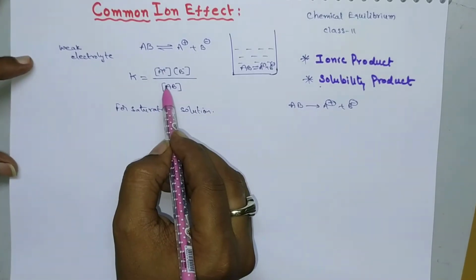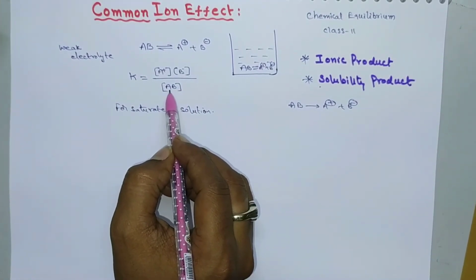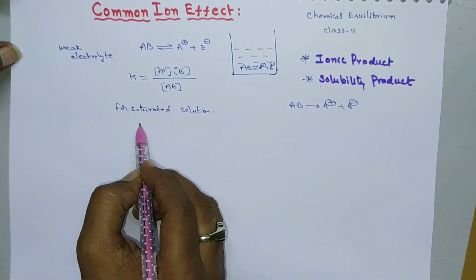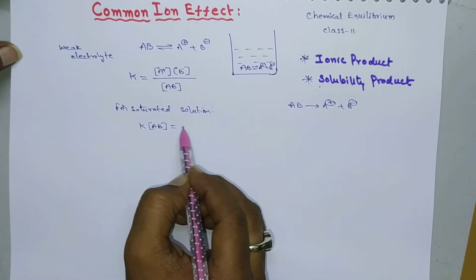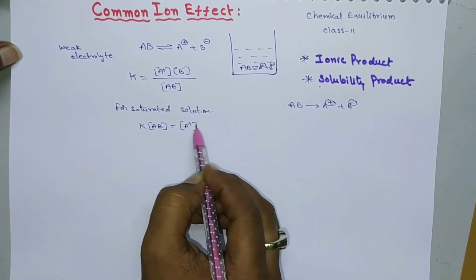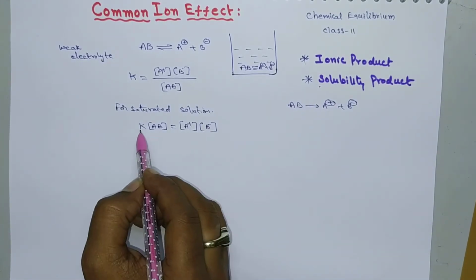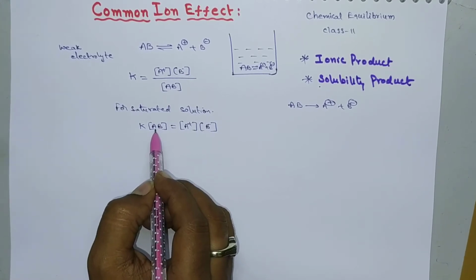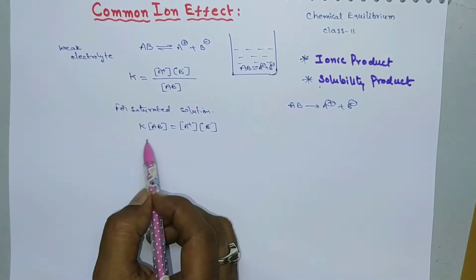That means the undissociated molecules will remain constant, that means the concentration of AB will be constant. So we can write K into AB is equal to active masses of A plus and B minus. Here K is the equilibrium constant, and AB is another constant, because it is a saturated solution, so the undissociated molecule will be constant.